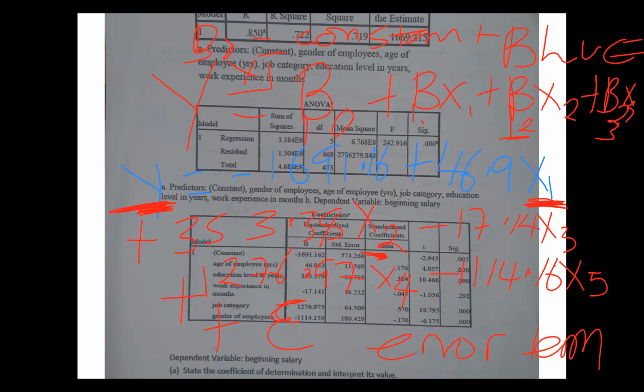Now we're talking about the relationship between those variables themselves. We assume that they are not related. Why? Because if they are related, you won't be able to see which variable is influencing the outcome variable, or by how much, because they're just related. So we assume there is no correlation between the independent variables.